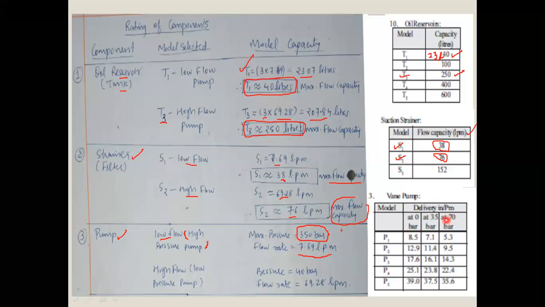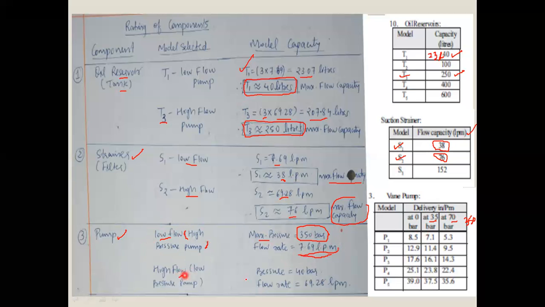Come here, you can see that the pressure ends at only 35 bar and 70 bar, which is the maximum. We don't have 350 bar here, so I can't select a model from the catalog. That's why I am writing it here: low flow and high pressure pump, maximum pressure 350 bar and flow rate 7.69 liters per minute. In this way you have to write.